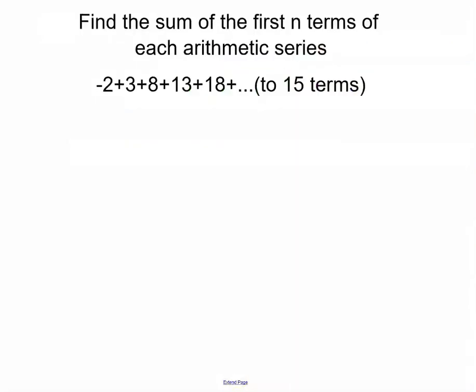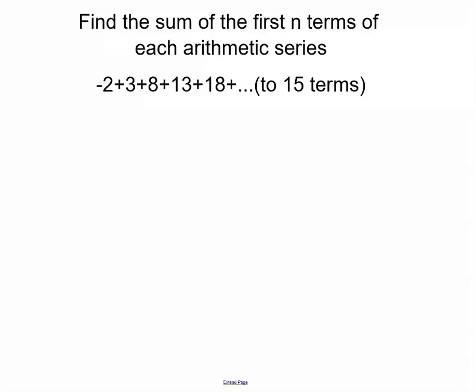Okay, so here we want to find the sum of the first n terms of this arithmetic series. And again, the word series just means you have a sequence and you're adding up all the numbers. So here I've got -2 plus 3 plus 8 plus 13 plus 18 plus and so on, following that pattern all the way up to 15 terms.